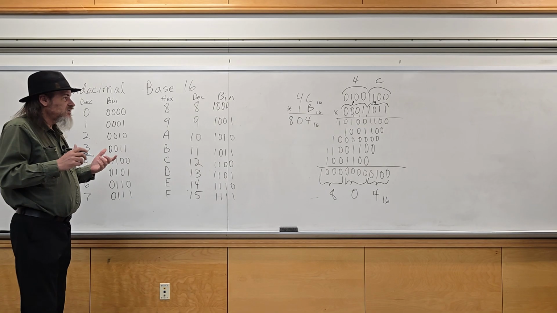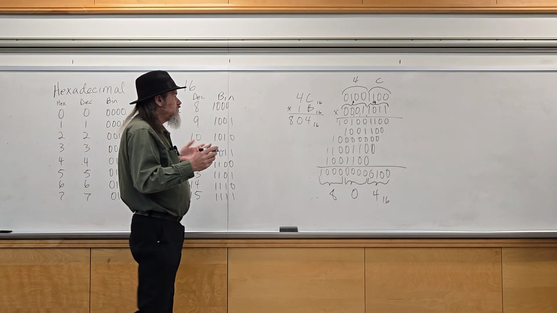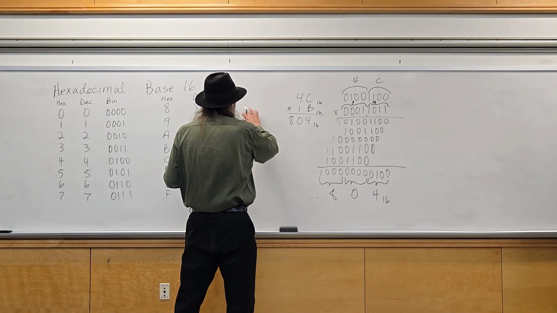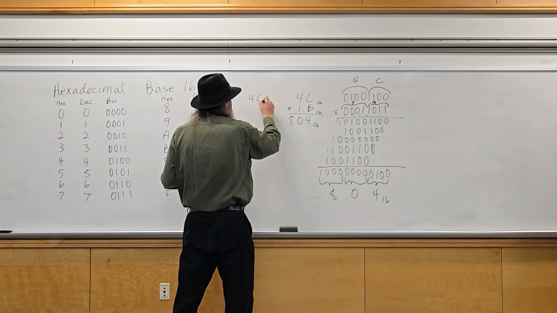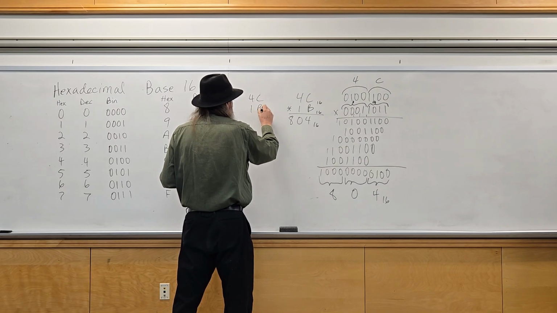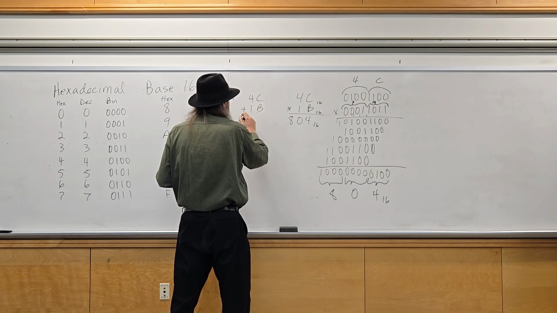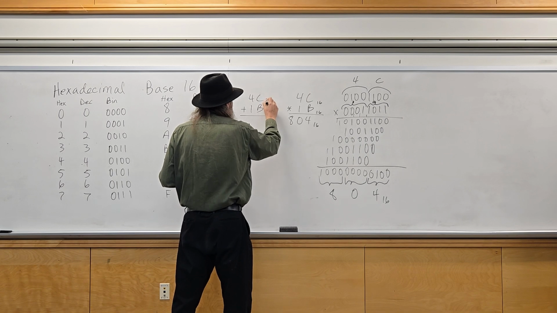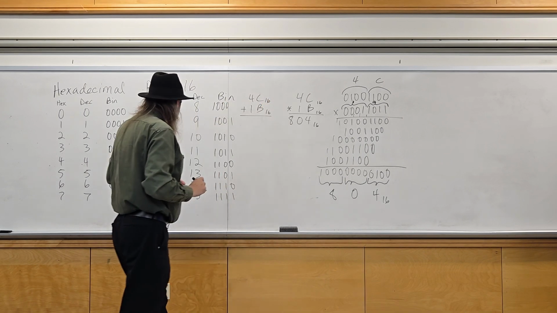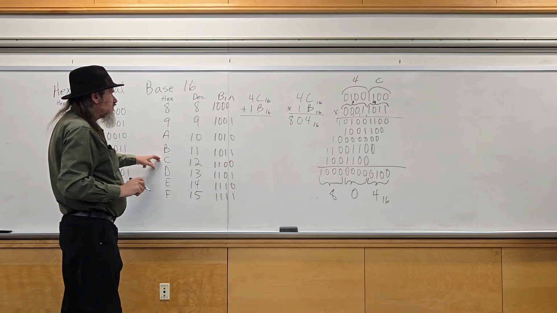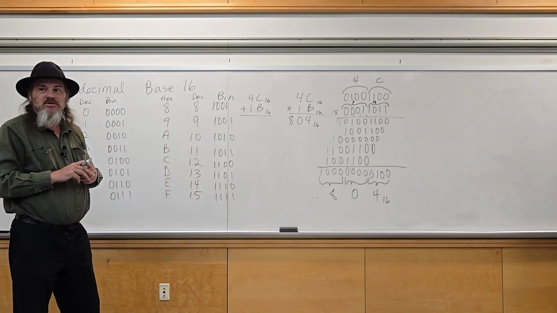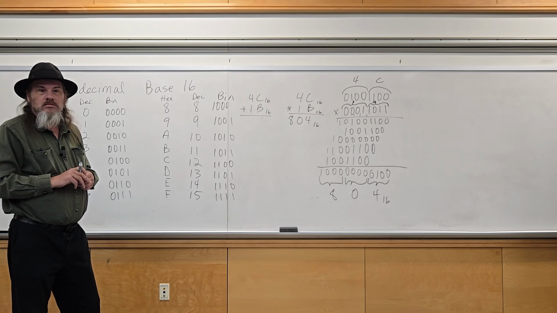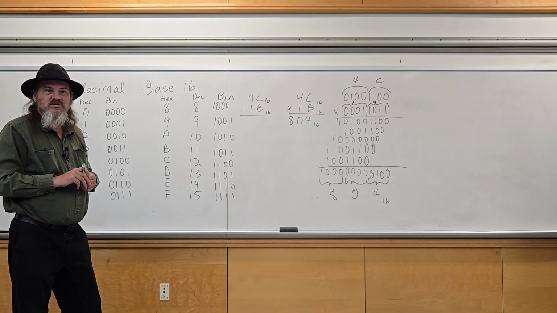Now for addition, say it's 4C plus 1B. B plus C is 23, which is what in hexadecimal? 17?